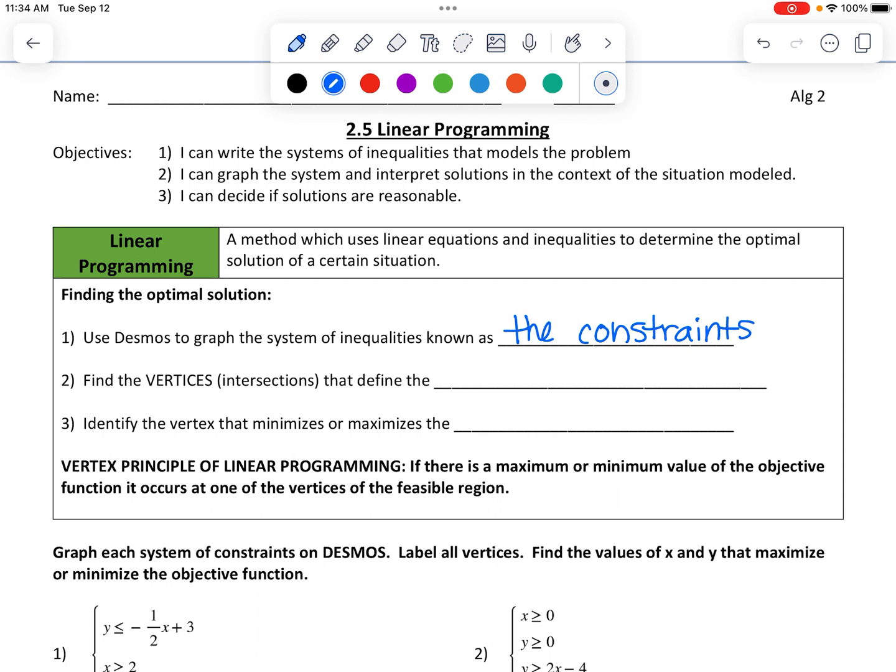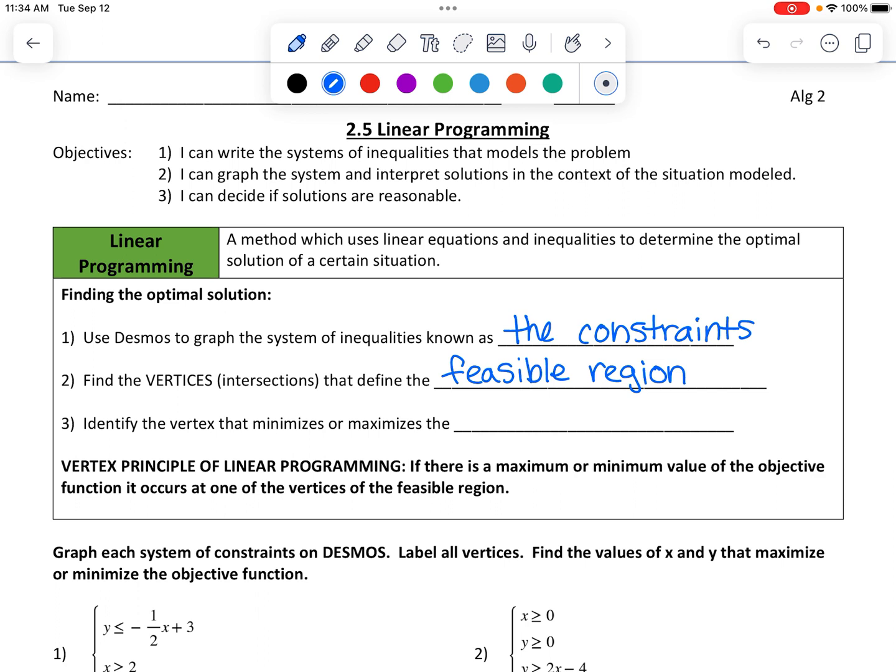We're going to find all the vertices, so those different intersections of all of our system of inequalities, and this is going to define the feasible region. So we have our constraints, that's going to limit our graph to a specific area. That is the feasible region for that certain problem.